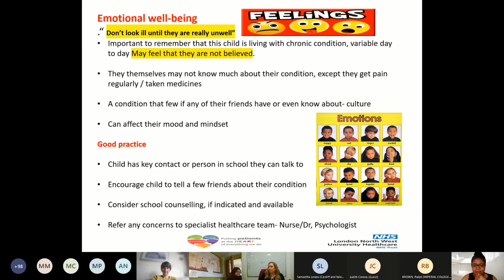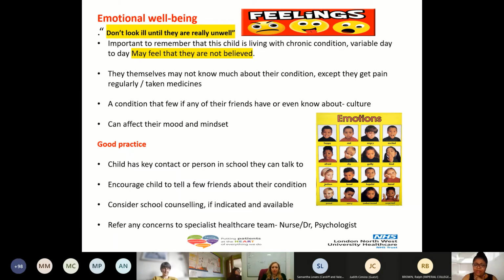Possibly only if they have jaundice, yellow eyes, would somebody notice. But the children need a lot of support because they don't really know much about the condition. All they know is they have a lot of pain, they've got to take medication, parents are forcing them to keep warm. There's a lot of things to take on board, and it can affect their mood and mindset.